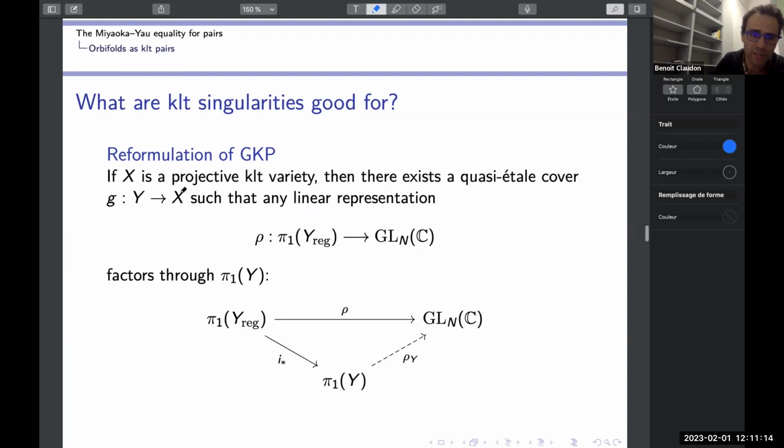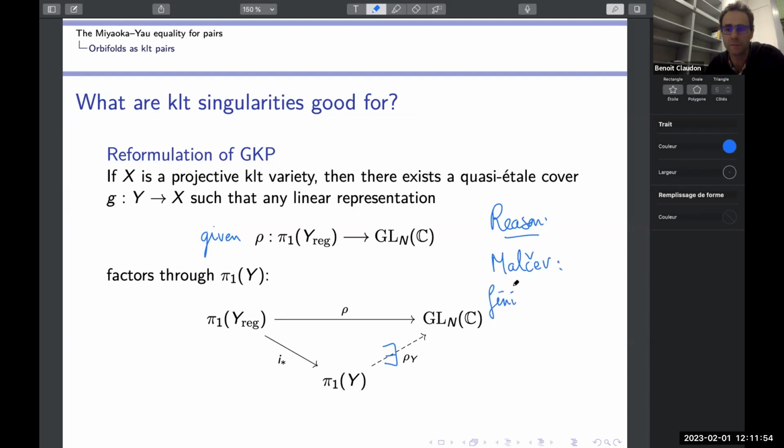So if you replace X with Y, then for this Y, you have the property that any linear representation defined on the regular part of Y factors through the pi1 of the whole space Y. So given rho, there exists a rho Y defined on the pi1 of Y. And the reason is nothing but Malcev's result that says that finitely generated subgroups of GL_n(C) are residually finite.